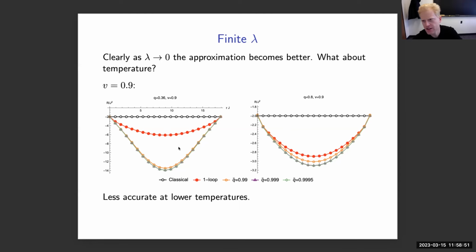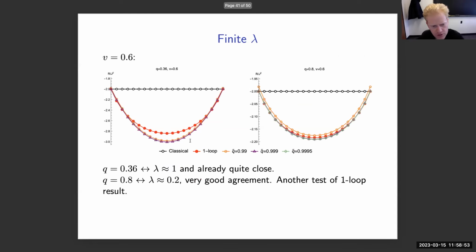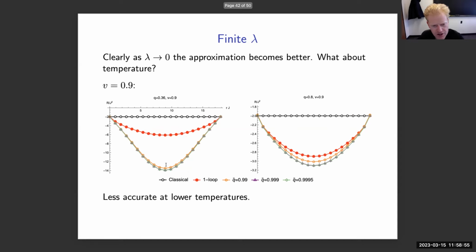Here you see that these are the same values of q as before. And you see that, for example, if we compare this plot to this, the approximation is much worse. This is the one loop, and it's much farther from the actual numerical evaluation. Here it's also a worse approximation, but not that bad. But the point is that as we lower the temperature, the one loop approximation becomes worse and worse. And actually it's not surprising, right?